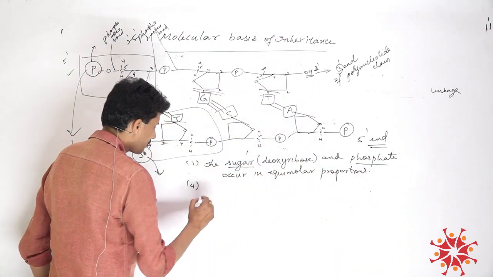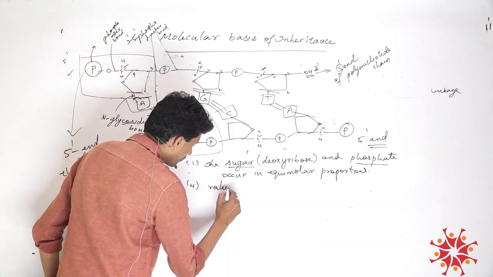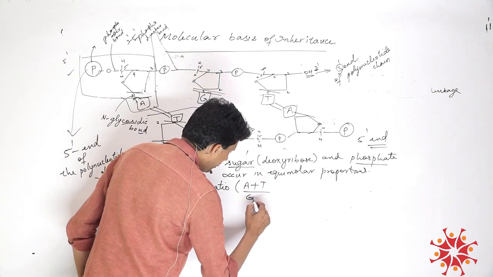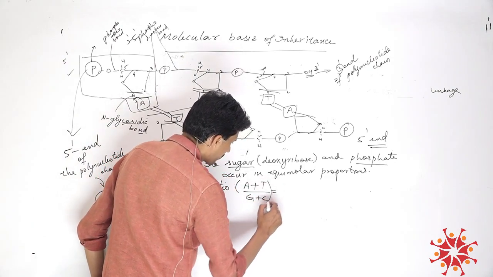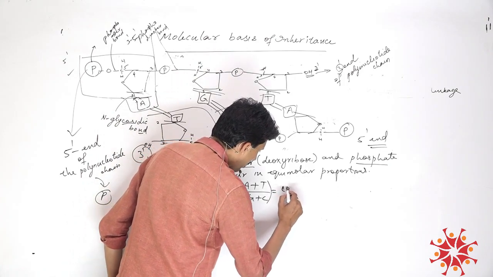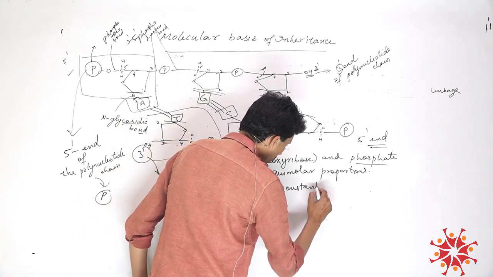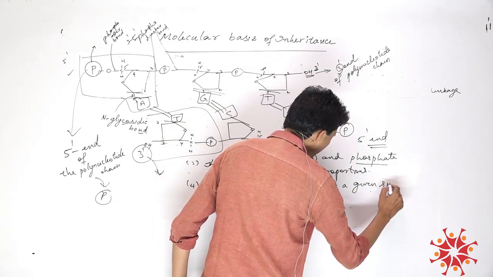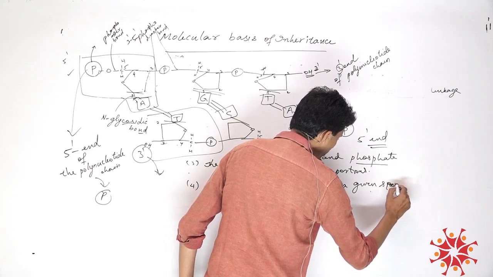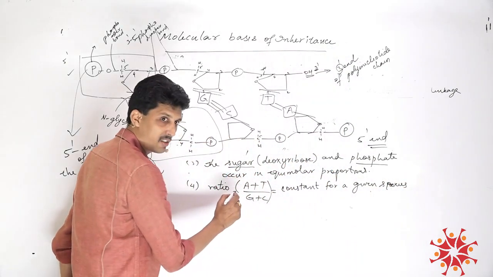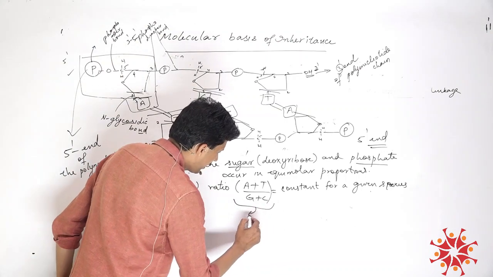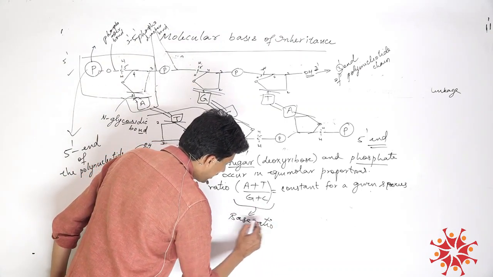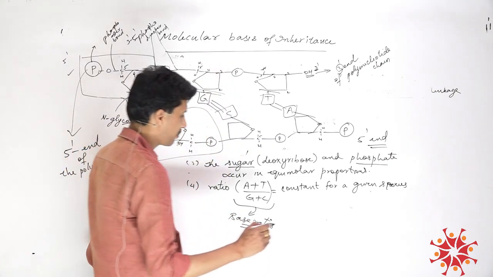Fourth one, the ratio of A plus T by G plus C is constant for a given species, right? This ratio A plus T by G plus C is called the base ratio, and this base ratio is constant for a given species.